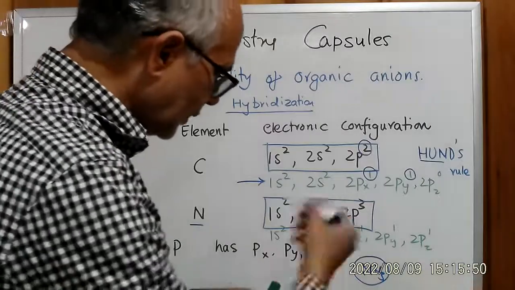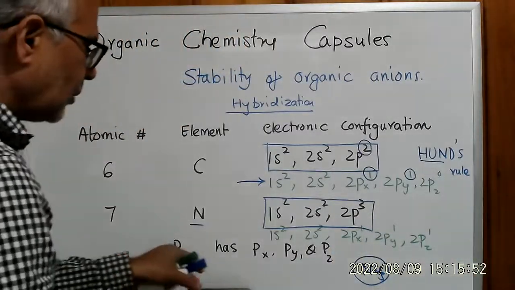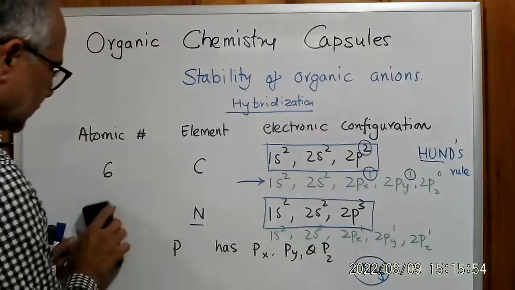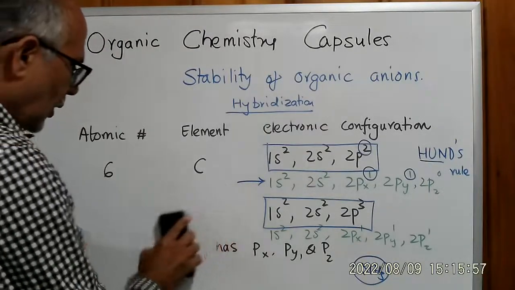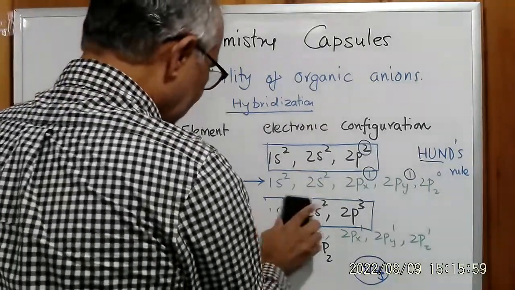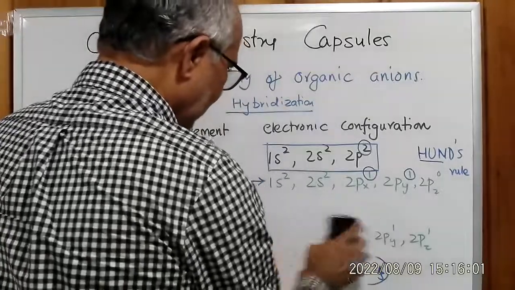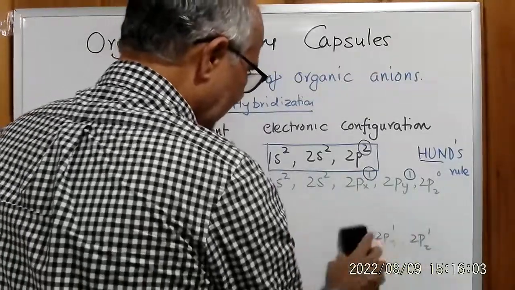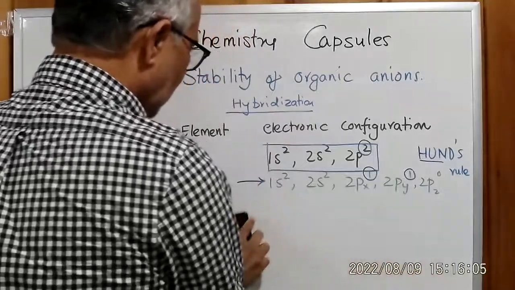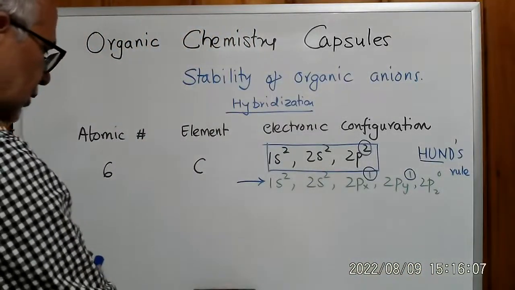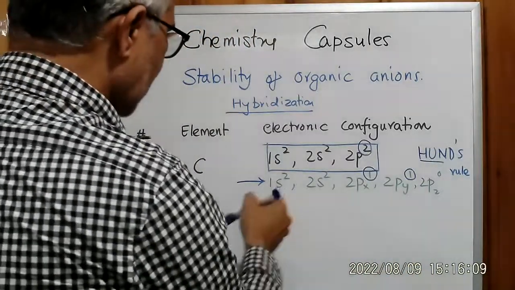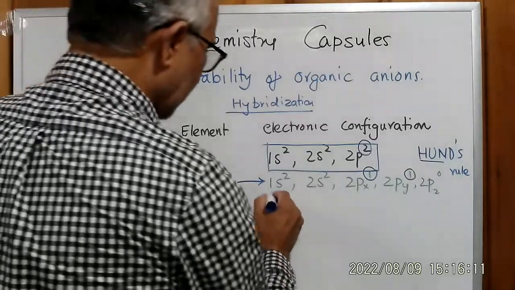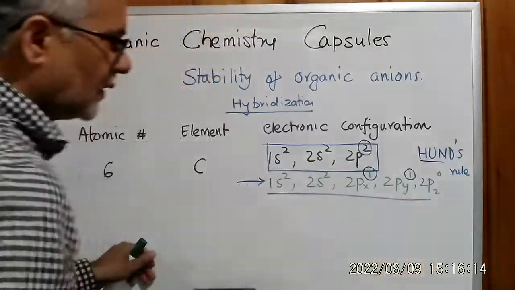It's nice and simple, but what about the carbon? Carbon has only 2 unpaired electrons. That's the point when people realized that something is happening here with respect to carbon. How can carbon get 4 unpaired electrons, starting with this refined electronic configuration?